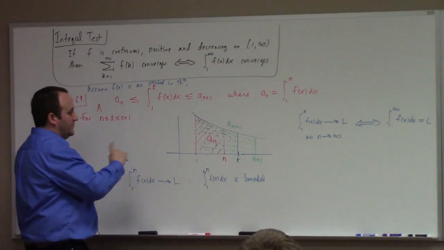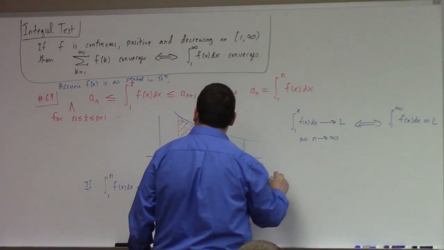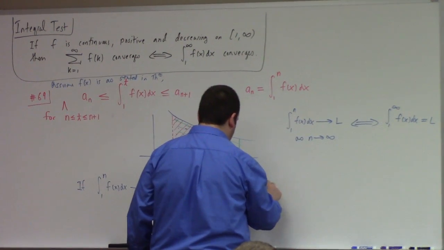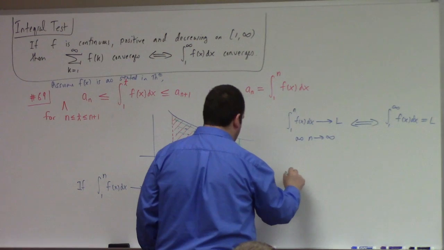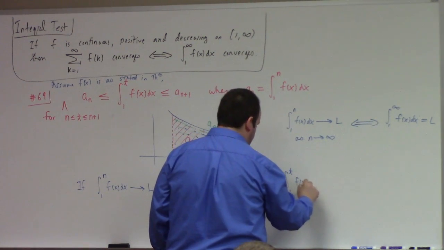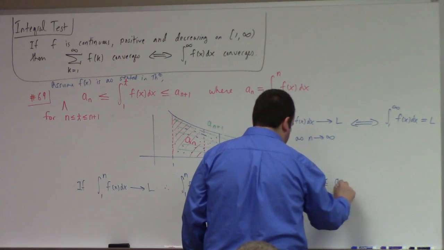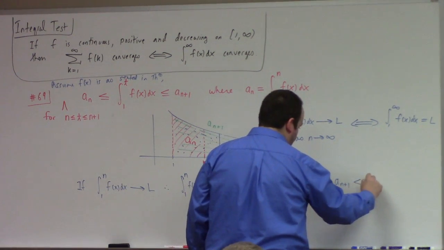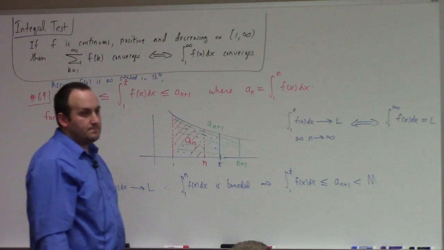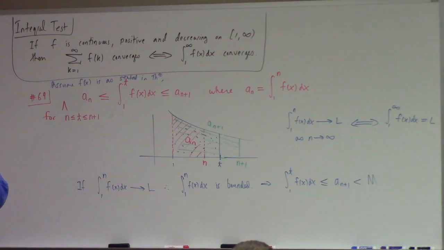So that implies that the integral from 1 to t of f of x dx is less than or equal to a sub n plus 1, which is less than m, because that's bounded. But the integral is increasing as t goes to infinity. So you've got this increasing function which is bounded above.